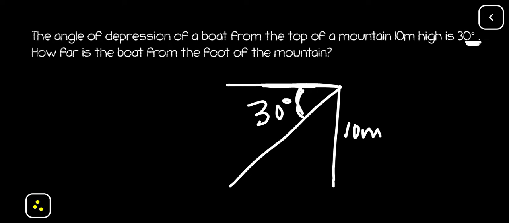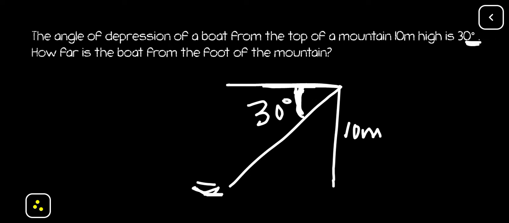This is the angle of depression. So if the mountain is looking down at the boat, which will be here, then it will be looking at it at 30 degrees. So the depression from the top of the mountain to the boat is 30 degrees. That's the angle of depression.